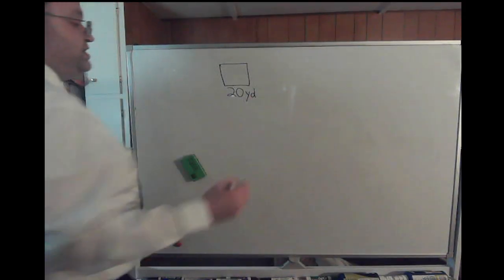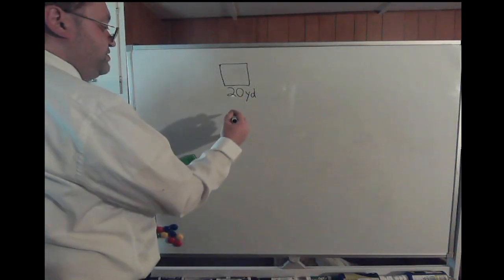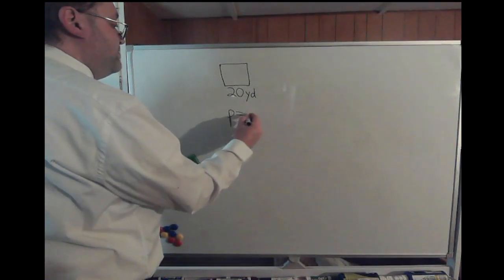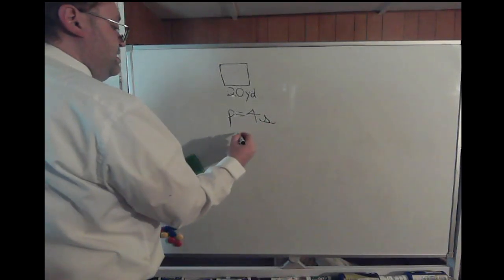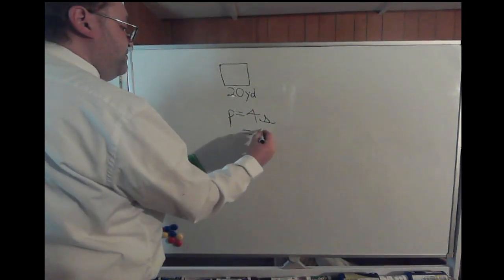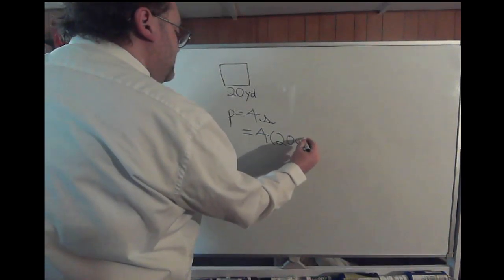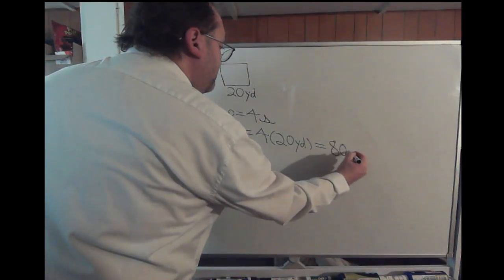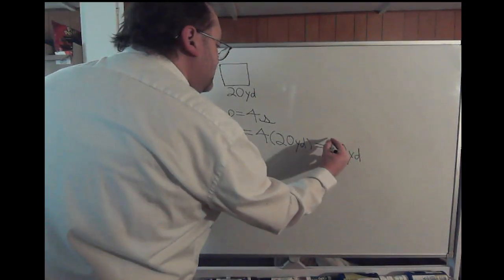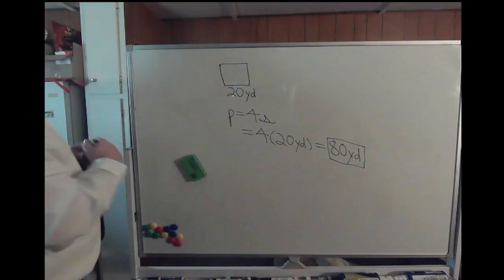We haven't really picked on yards today, so we have a side length of 20 yards for a square. The perimeter of a square is equal to 4 times a side, which in this case would be 4 times 20 yards. 4 times 20 is 80. So the perimeter of this square would be 80 yards. And that would be it.